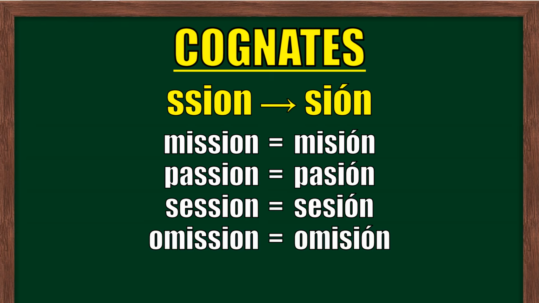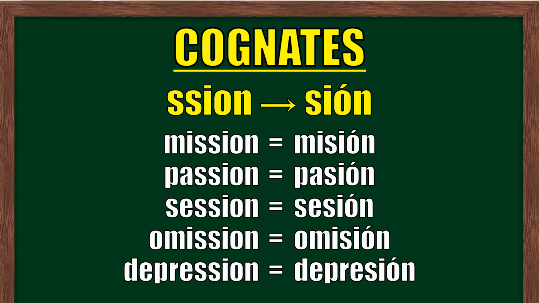Depression, depresión. Again, remember to write these words with an accent mark over the O and to pronounce them with a stress on the last syllable. Misión, pasión, sesión, omisión, depresión.